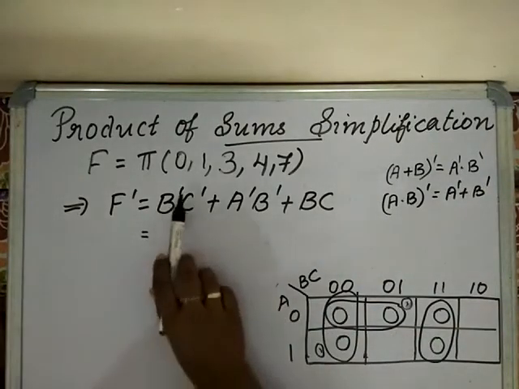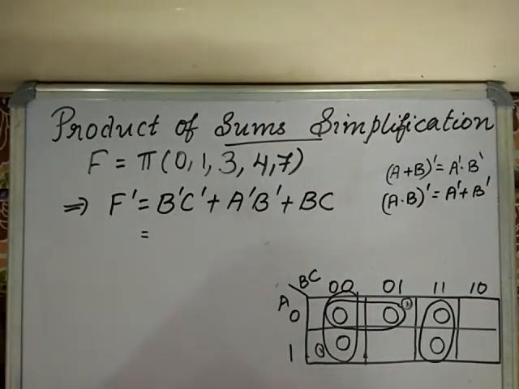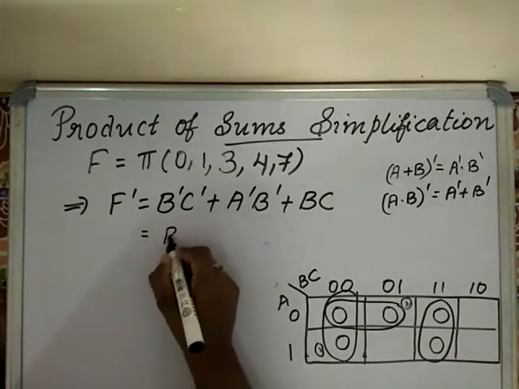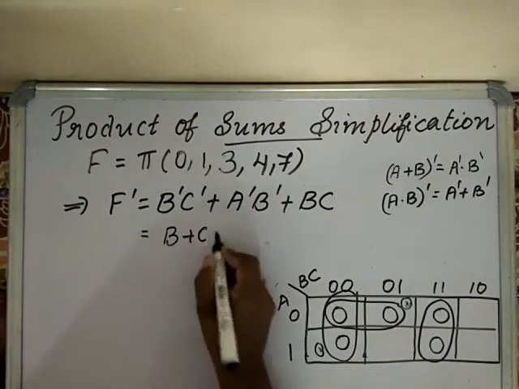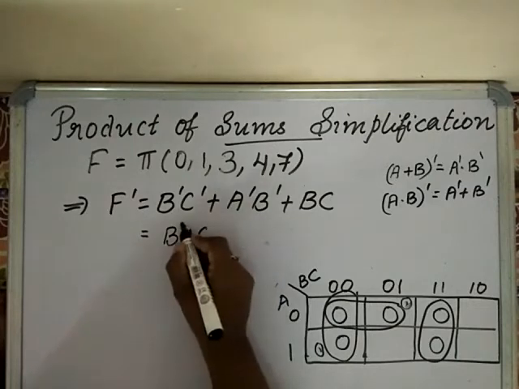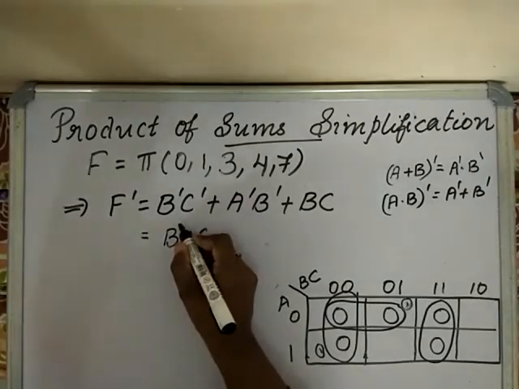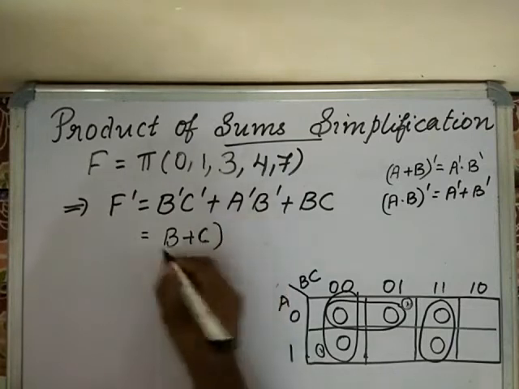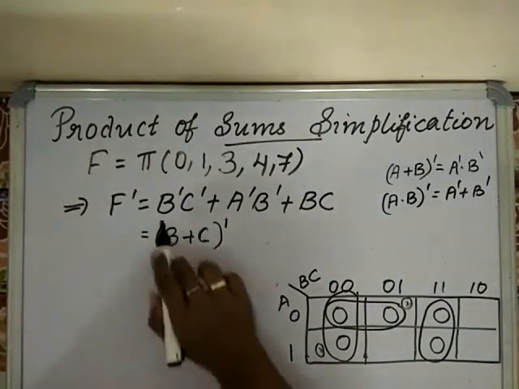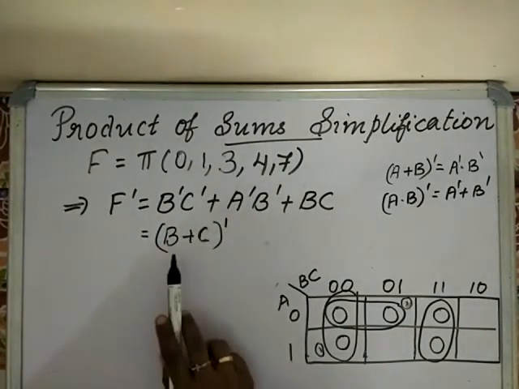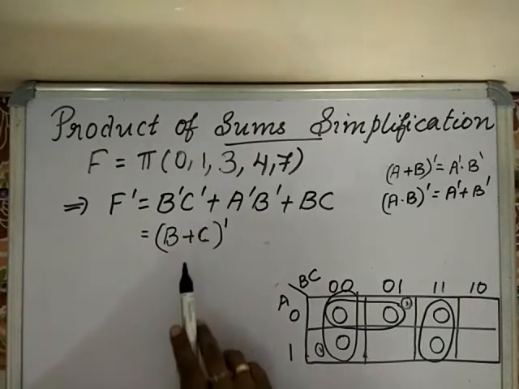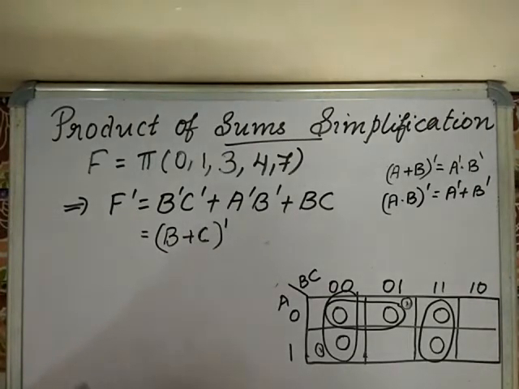So here we have b complement, c complement. We can write it as b plus c, the whole complement. B complement, C complement can be written as its equivalent form B plus C, the whole complement.